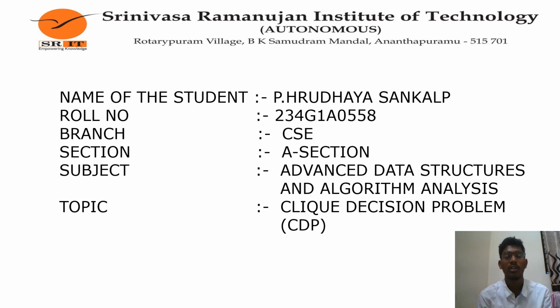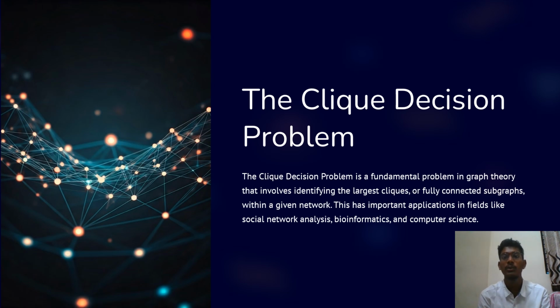Today we will talk about a subject of advanced data structures and algorithm analysis, and the topic is the clique decision problem, known as CDP. The clique decision problem is a fundamental problem in graph theory that involves identifying the largest cliques, or fully connected subgraphs, within a given network.